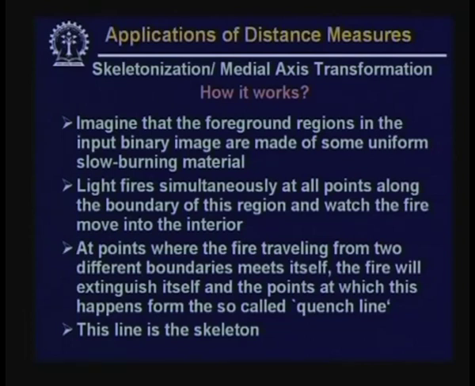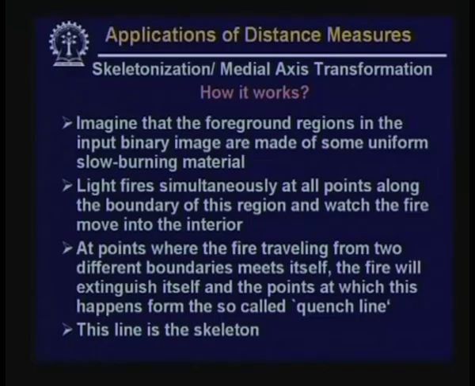If I assume that the foreground region in the input binary image is made of some uniform slow burning material, and then I light fire at all the points across the boundary of this foreground region, simultaneously, then the fire lines will go in slowly because the foreground region consists of slow burning material.